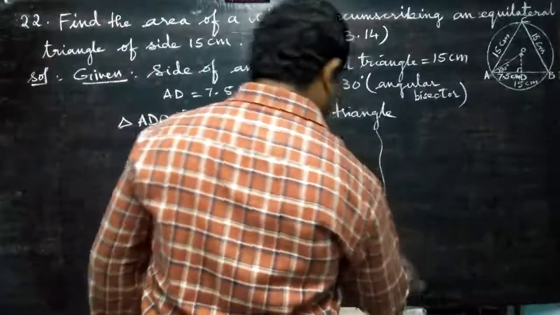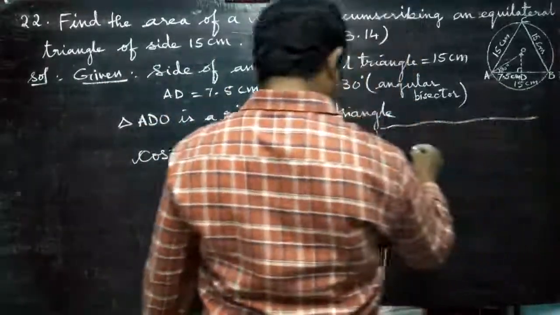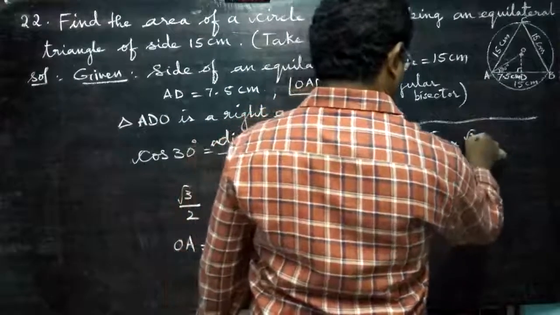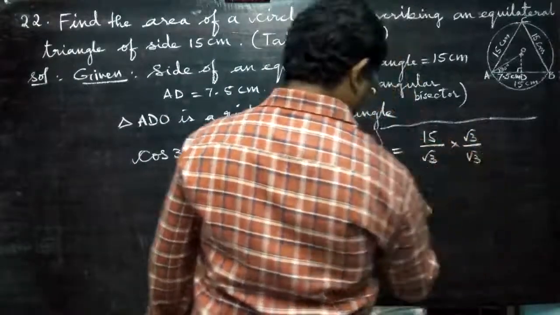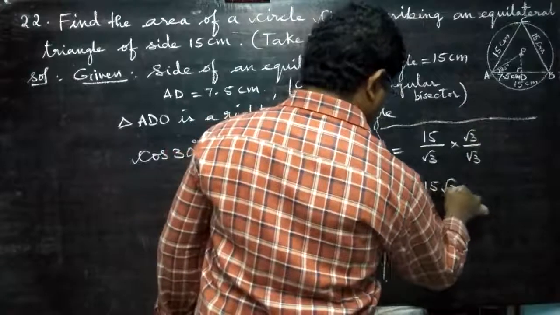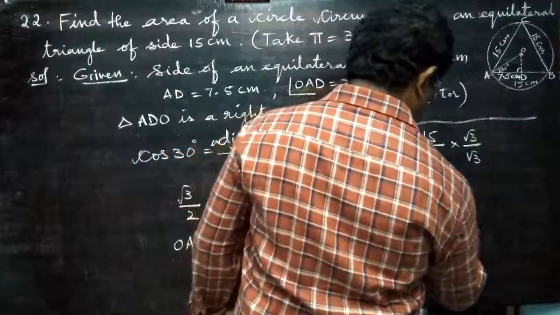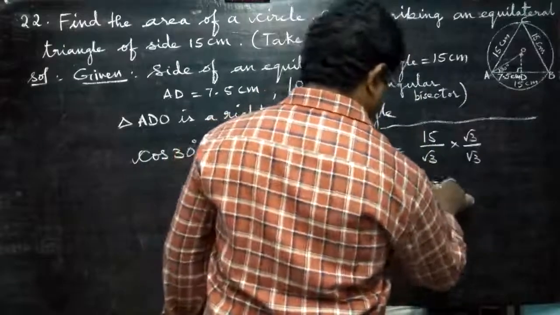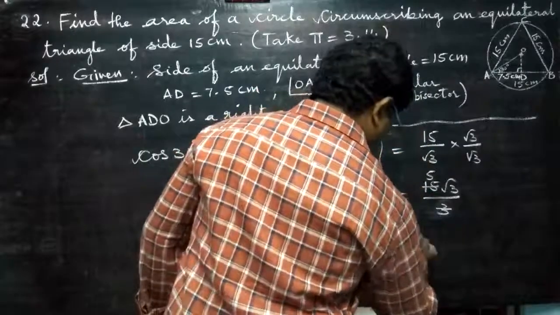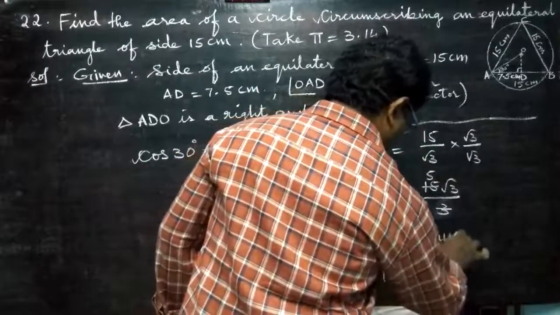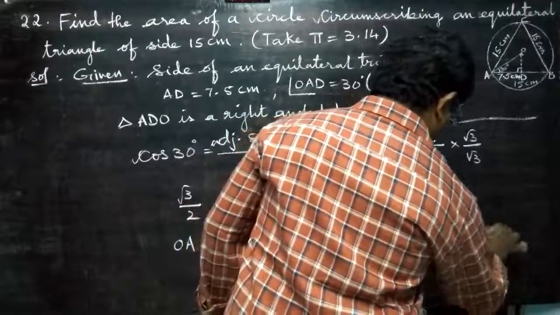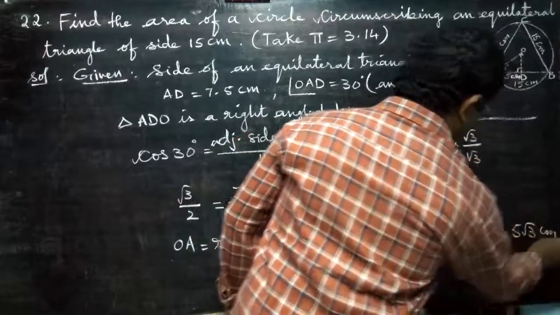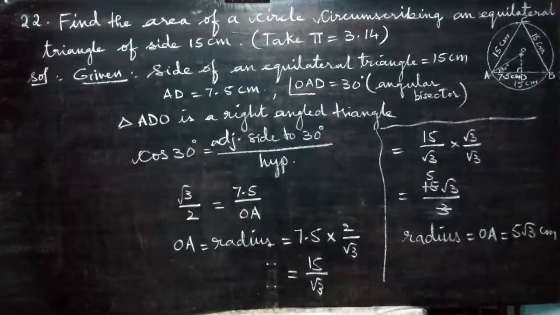The rationalizing factor for root 3 is again root 3, multiply. So 15 root 3 by root 3 into root 3, directly write 3. 3 goes 5 times. So the radius OA is equal to 5 root 3 centimeters. So now we got the radius.